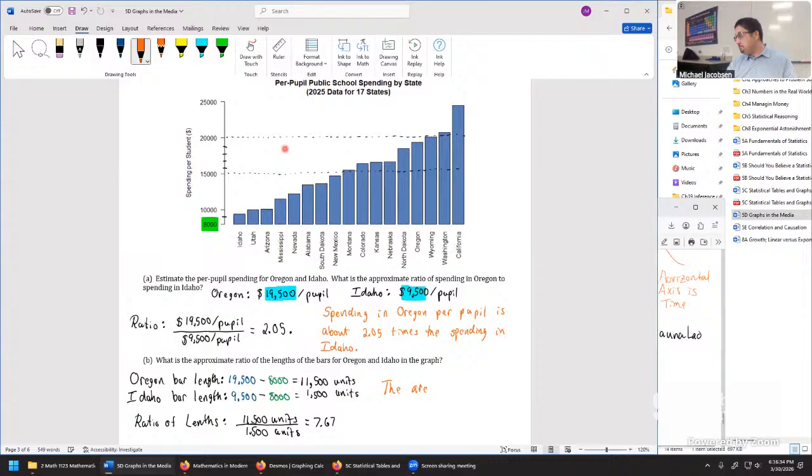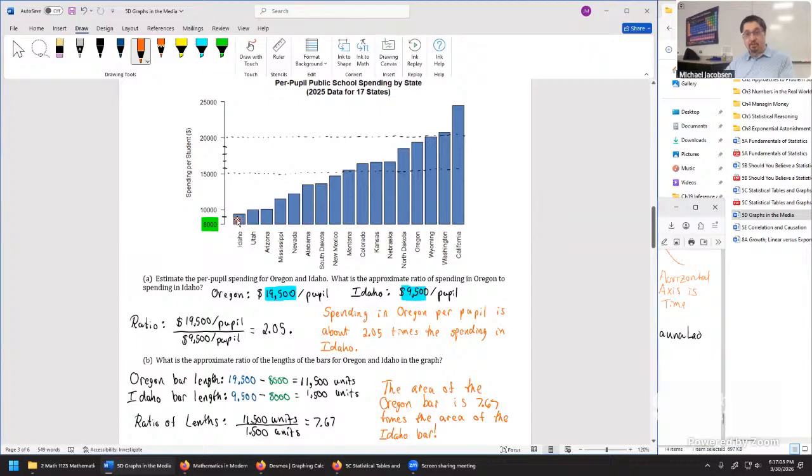The area of the Oregon bar is 7.67 times the area of the Idaho bar. So that's pretty stark, and we can kind of see that here.